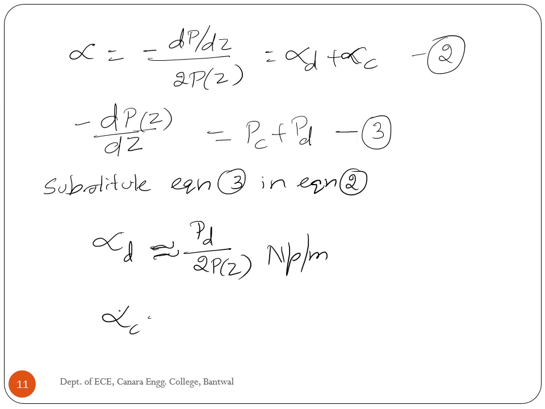Ohmic attenuation is PC divided by 2P of Z Napiers per meter.